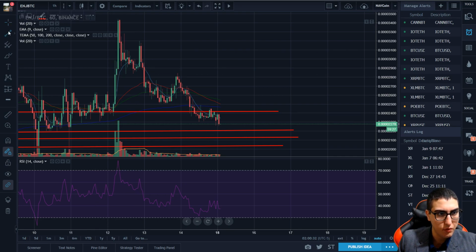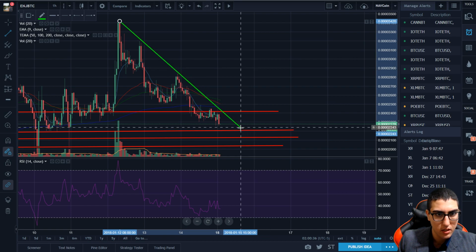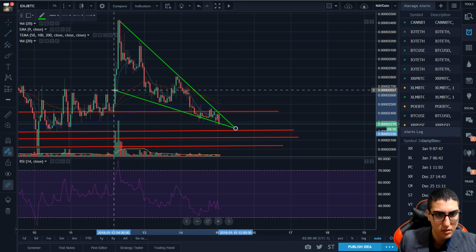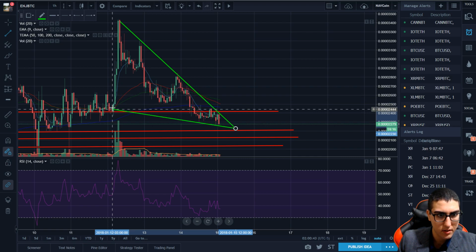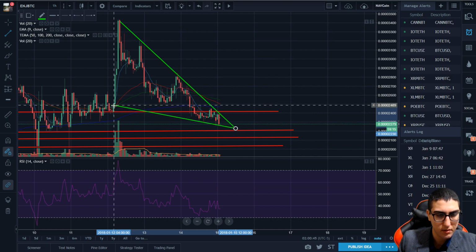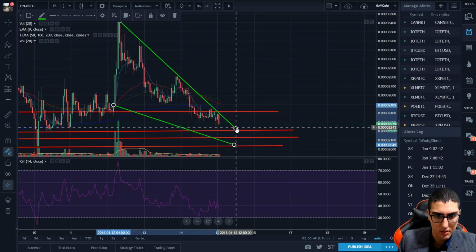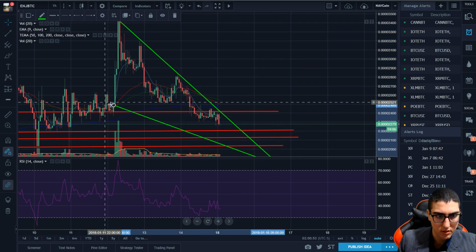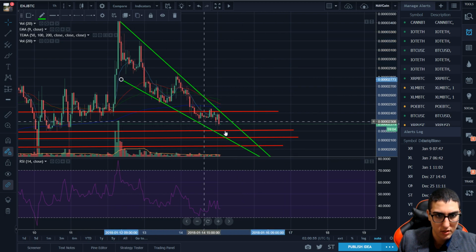Now looking at this overall pattern, if we were to draw this out, you can see here we're forming this descending pattern. I would put that right around there. And what you can even do is stretch this one out right here, and then you can stretch this one out and then actually follow this whole trace.